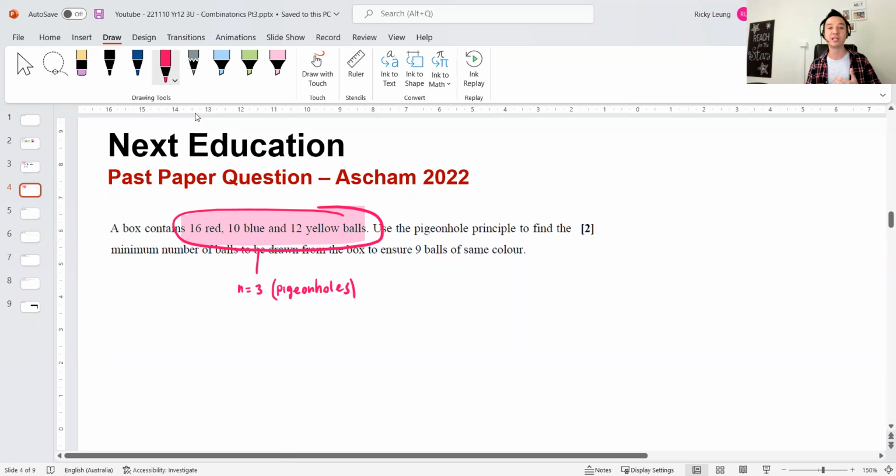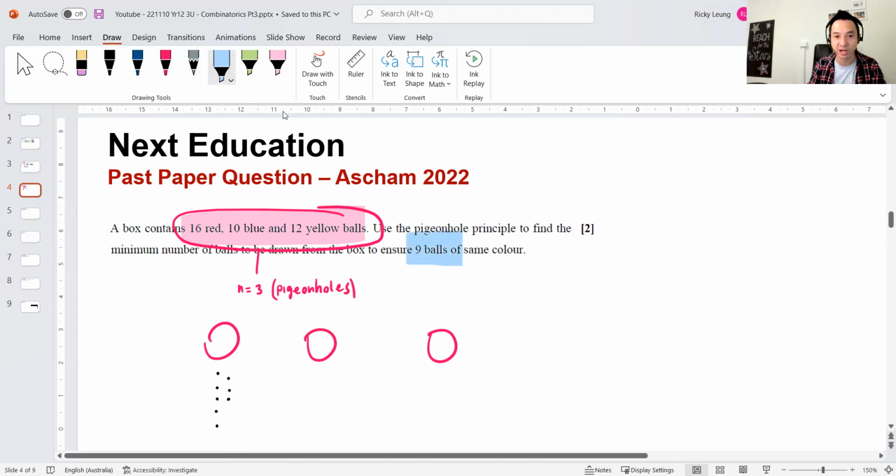Now, I need to place as many balls as I can into the 3 pigeonholes to ensure that one has at least 9. The best way to ensure that is to do one less, 8. So what that means is, once again, I like this framework: m plus 1 equals 9, m equals 8.